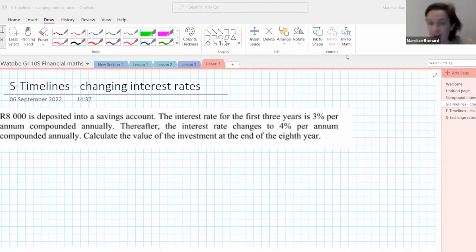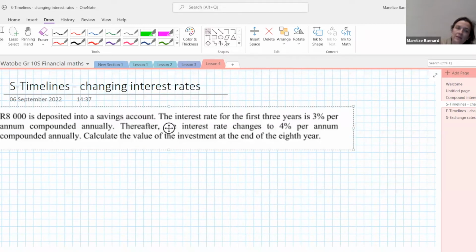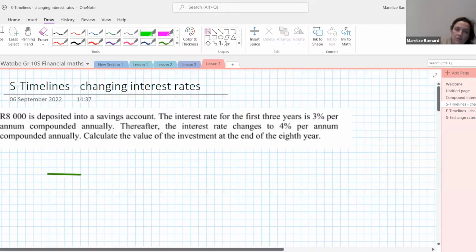Okay, right, so we've got 8,000 Rand deposited into a savings account. And then the interest rate for the first 3 years is 3% per annum, compounded annually. Thereafter, the interest rate changes to 4% per annum. Okay, so the way we can take those words and all that information and present it in a way that makes more sense is on a timeline, on a diagram.